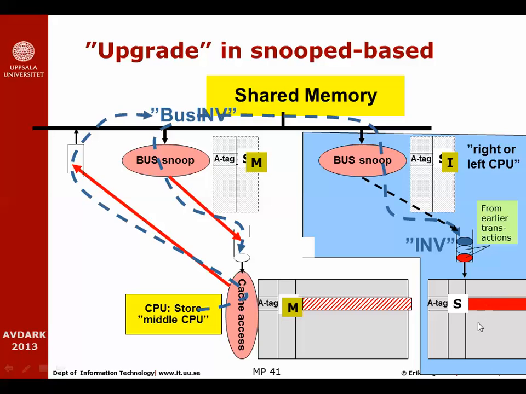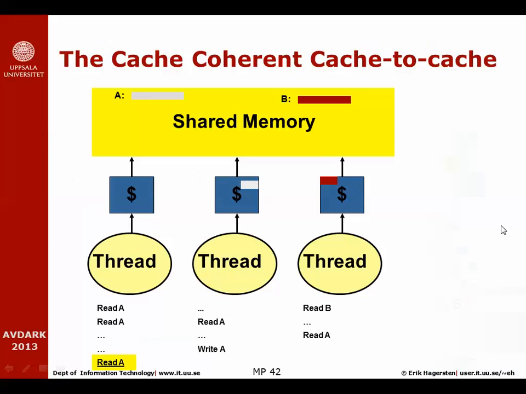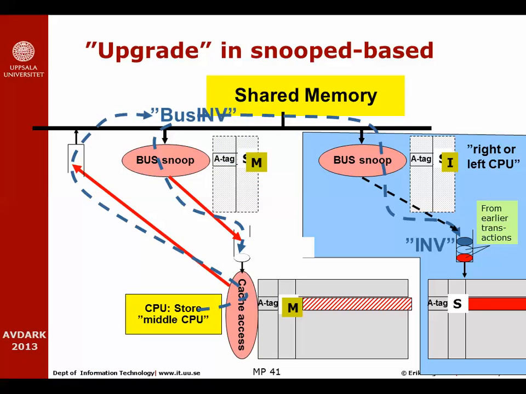And the CPU in this blue system here may actually read this old copy, even though the CPU in the middle system has already modified its copy. Eventually, those pills from earlier transactions will be consumed, and eventually the invalidation will take place in the right system as well. So when the blue pill is eaten here, then this will change to state invalid as well. But that may happen at a later point in time.